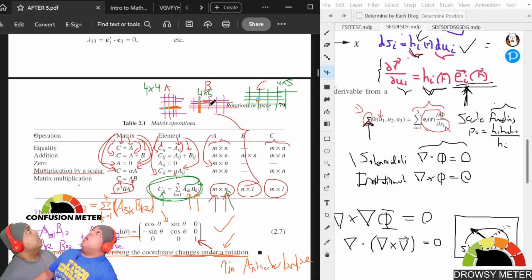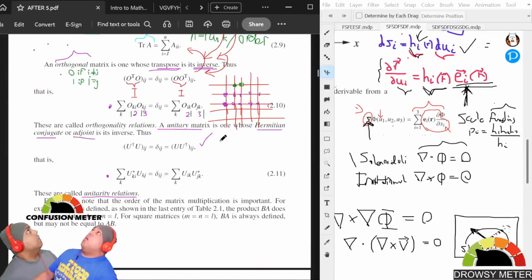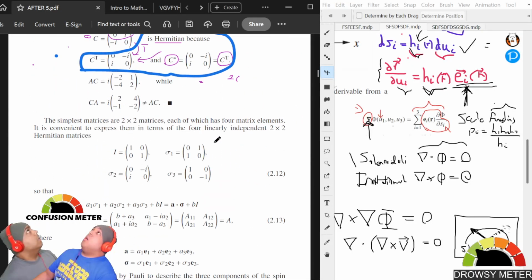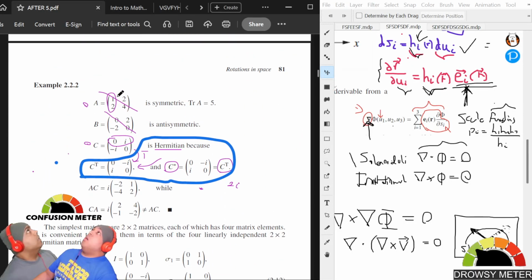The row of A and the column of B. Row of A, column B. Yeah, so I'm doing it wrong. Row times column. So it's minus 2i. Next up is this guy times this guy. 2 times I plus 4 times 0 is 2i.